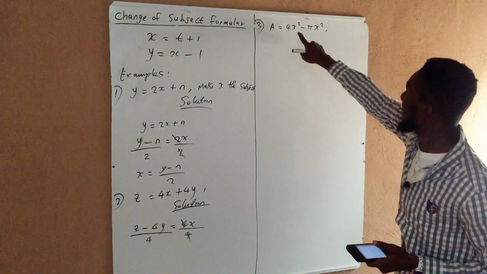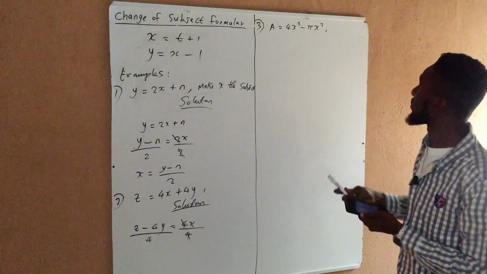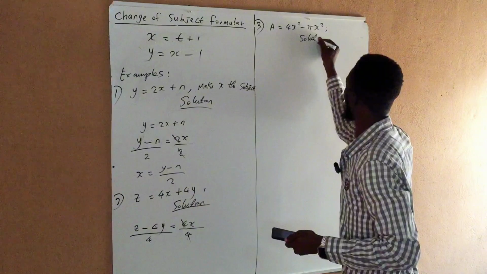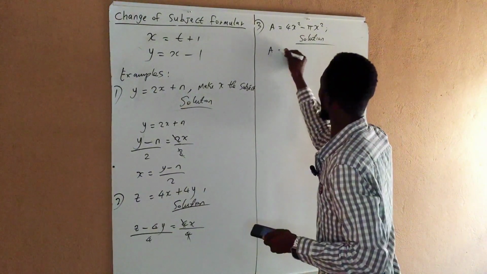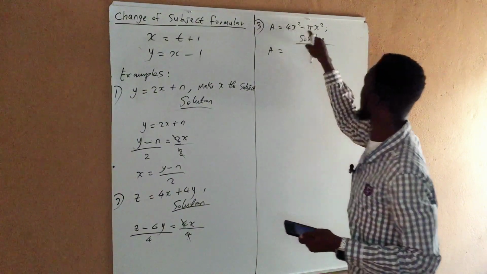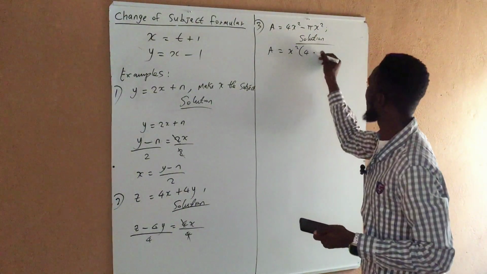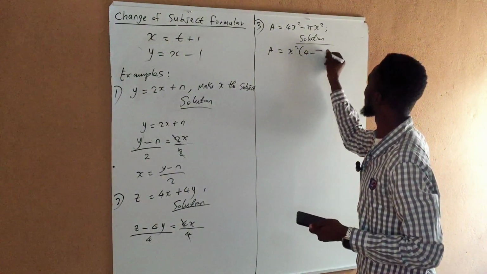You can see that we have x squared here and also x squared here, right? So we factor out what they have in common here. That's x squared. You have x squared into brackets 4 minus pi.